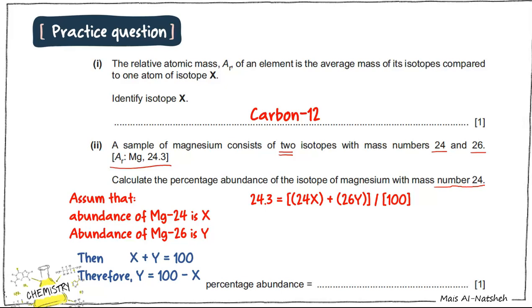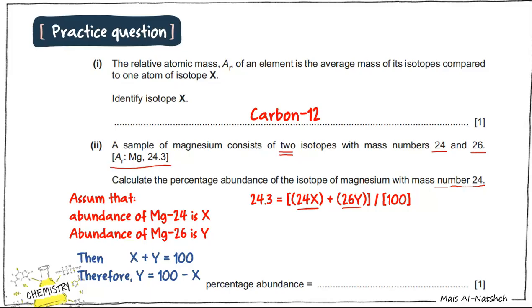Now here we have two isotopes. So the relative atomic mass, 24.3, equals 24 times X, where X is the abundance percentage for the magnesium-24 isotope, plus 26Y, where Y is the percentage abundance for magnesium-26, divided over 100.